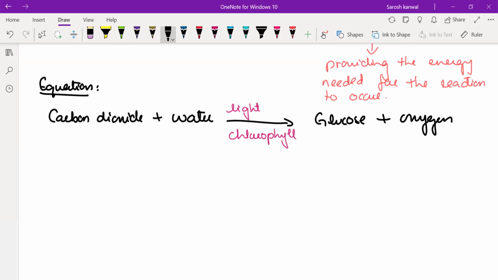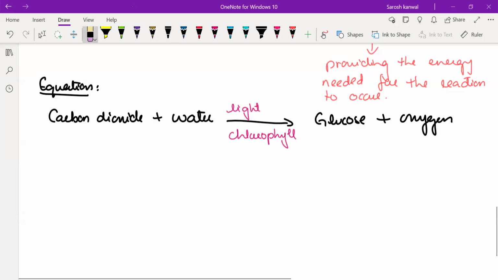So this word equation shows the raw materials and the products for photosynthesis. And the energy and the chlorophyll are just an additional requirement. Very good, Mepsam.